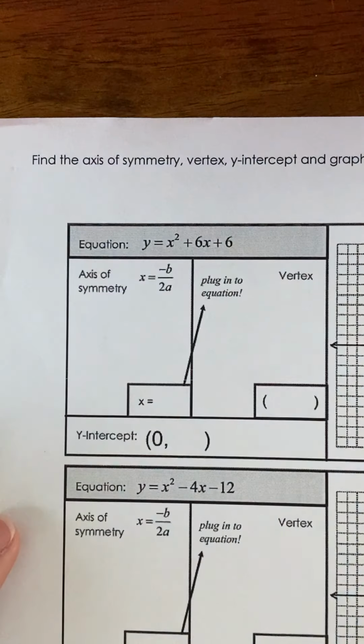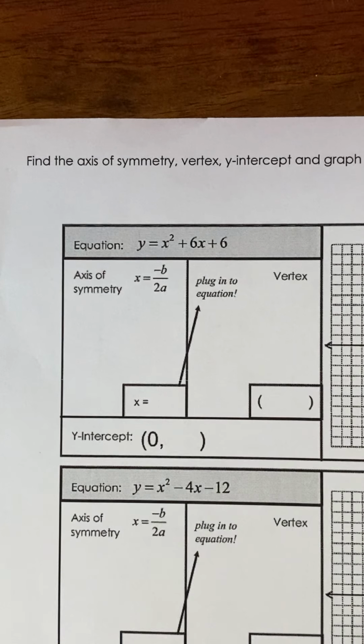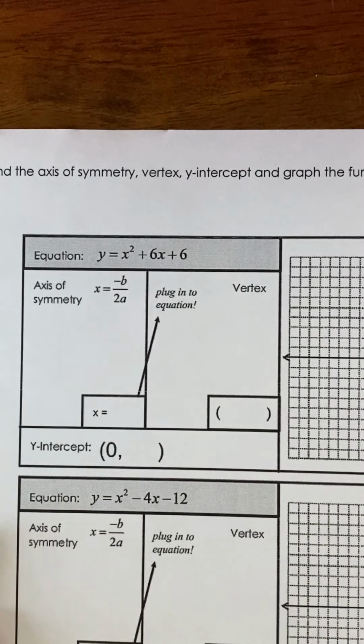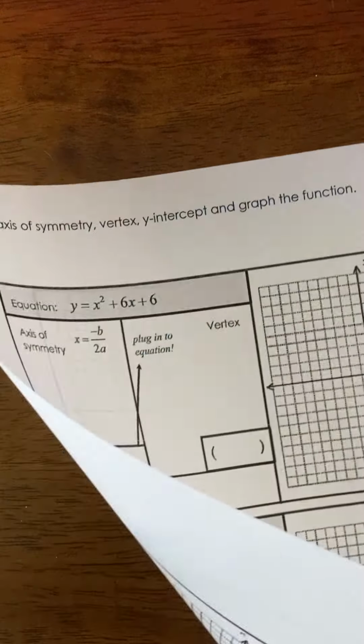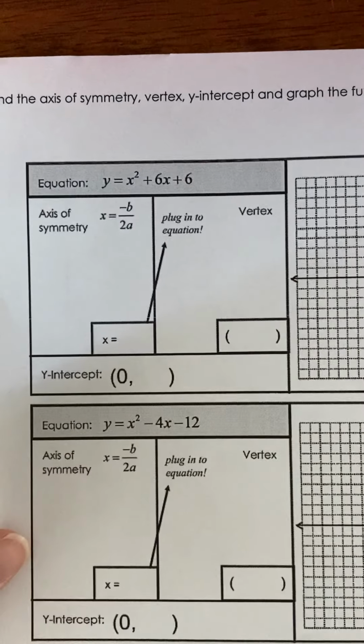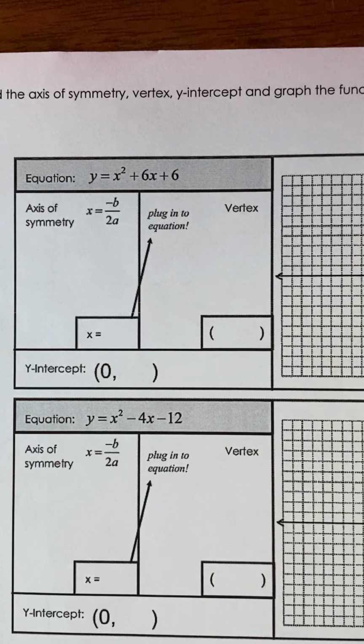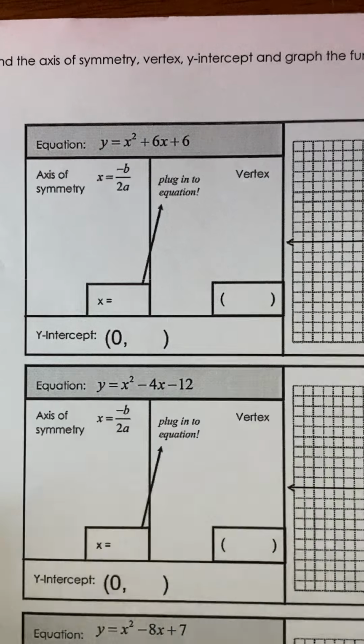Okay, so your optional assignment today is this sheet. I think you have all 6 on there, but certainly do as many as you need to. If you remember this super well and you don't need to do any of them, that's cool.